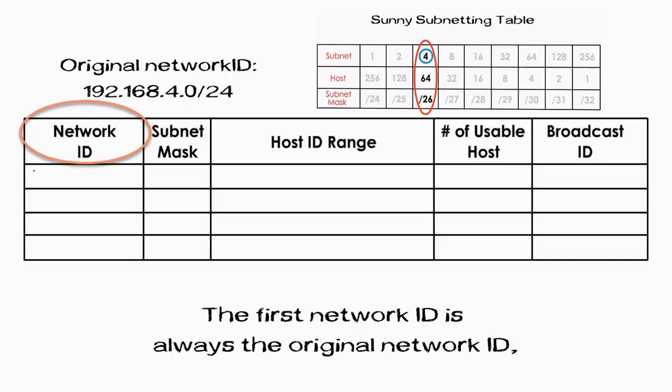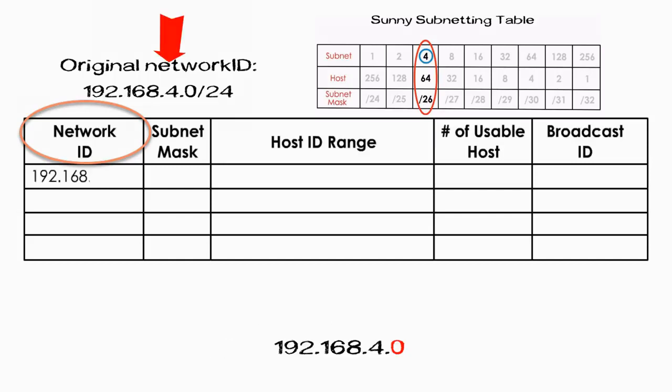The first network ID is always the original network ID, which is 192.168.4.0. That's easy, right? I use red font to emphasize the last number because the first 3 numbers stay the same across the table. So please just focus on the last number in red.